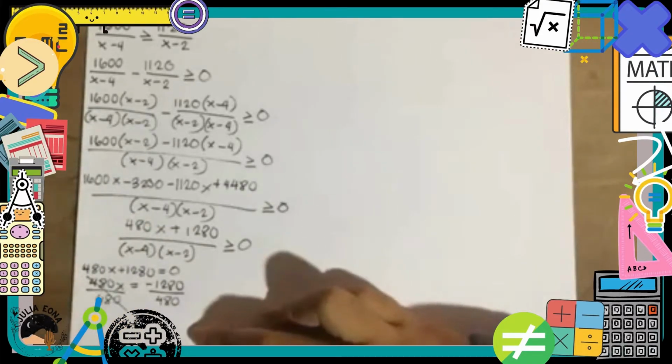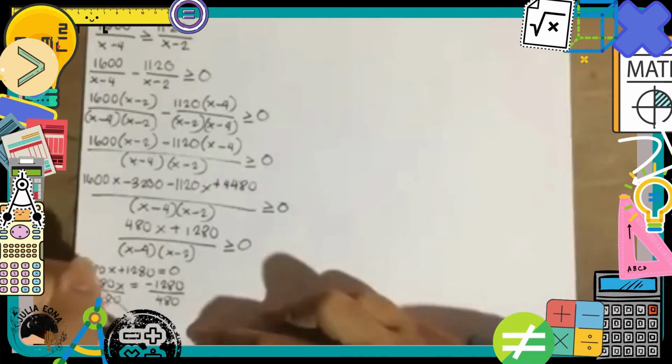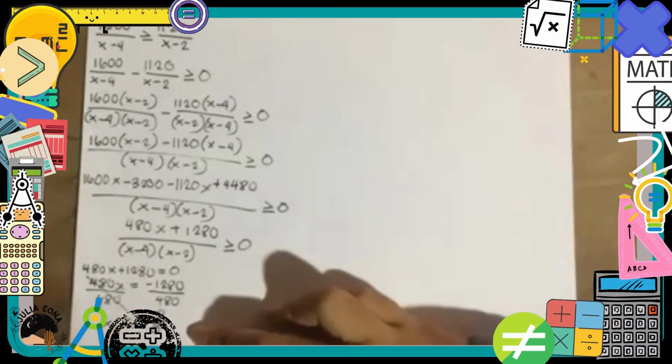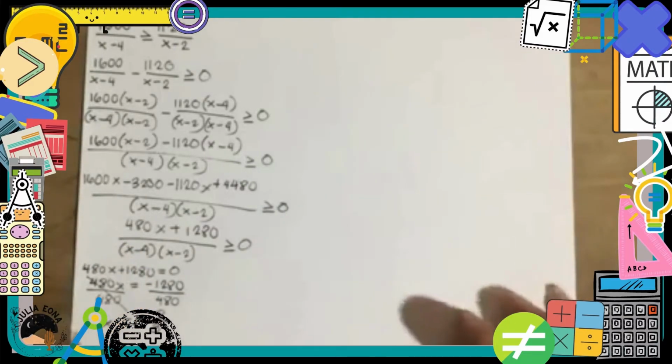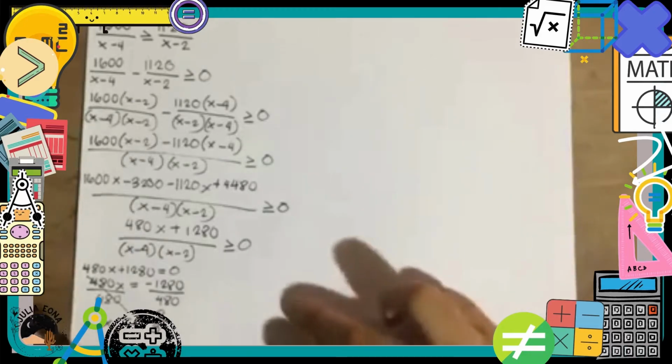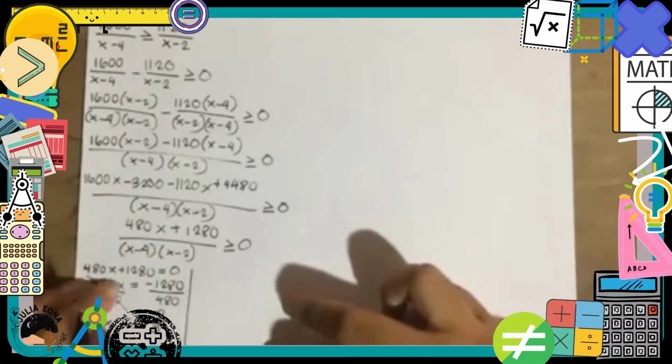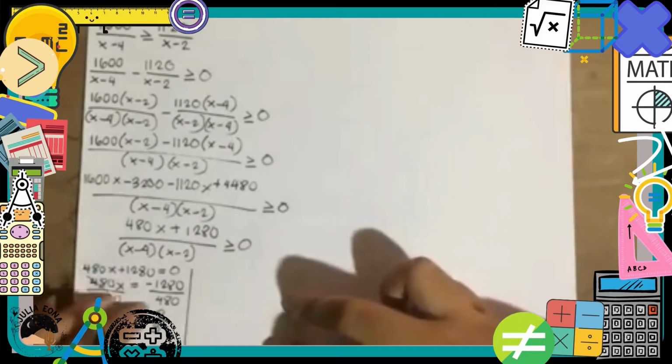That would eliminate our 480 on the left side. So now we're going to have x equals negative 8 over 3. So that is the value of x for 480x plus 1,280.